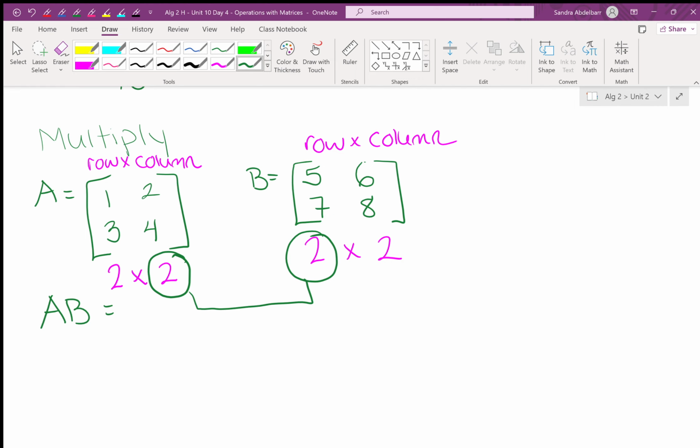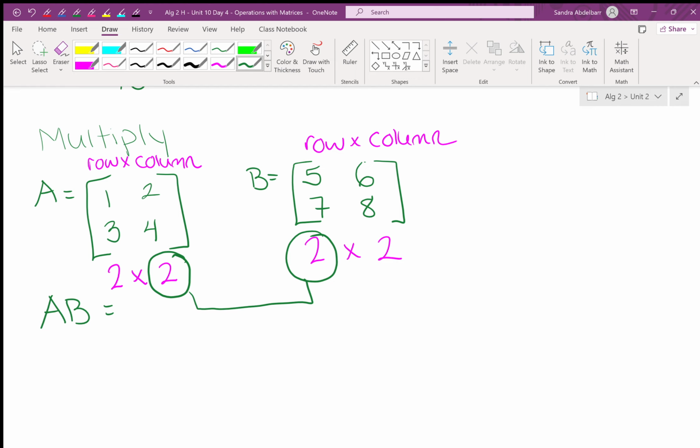So basically, when you write out your dimensions, the second dimension of the first matrix has to match the first dimension of the second matrix. These two spots have to be represented by the same numbers. The first two spots do not need to be the same, just the second and the first.